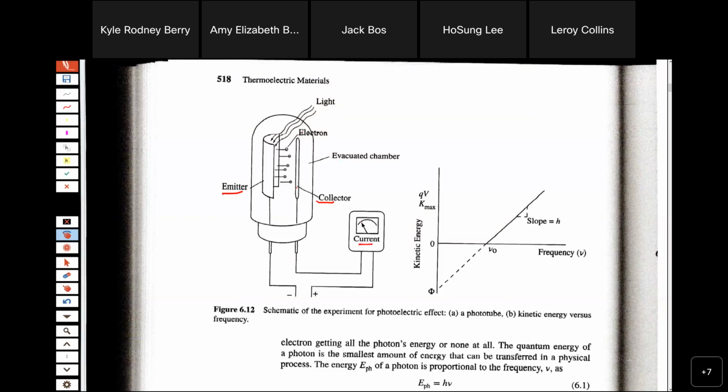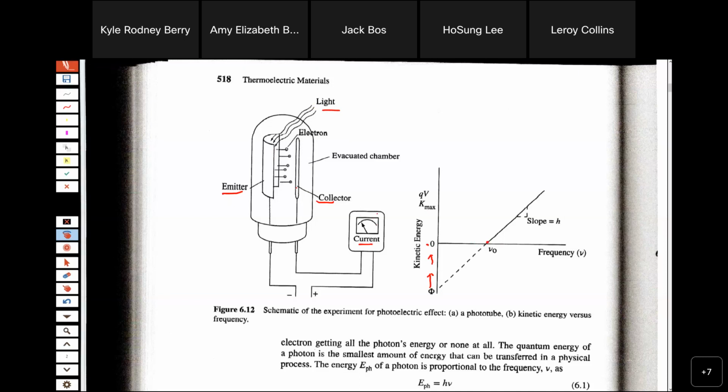But we put some light on it, some energy of light, and nothing happens, but suddenly at a certain point something happens, and we measure an electric current.